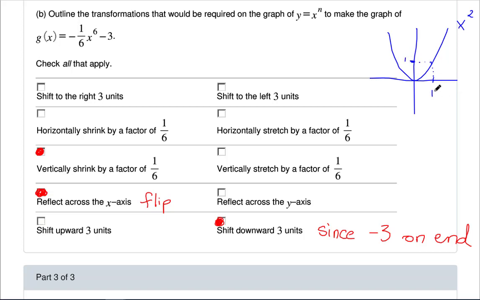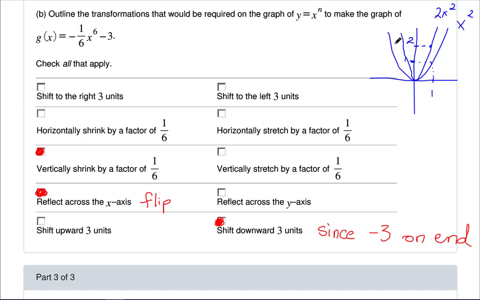Well, what about if we were looking at 2x squared? Well, 2x squared is going to make it higher, right? Because here at 1, 1 squared is 1 times 2 would make this now up at 2.